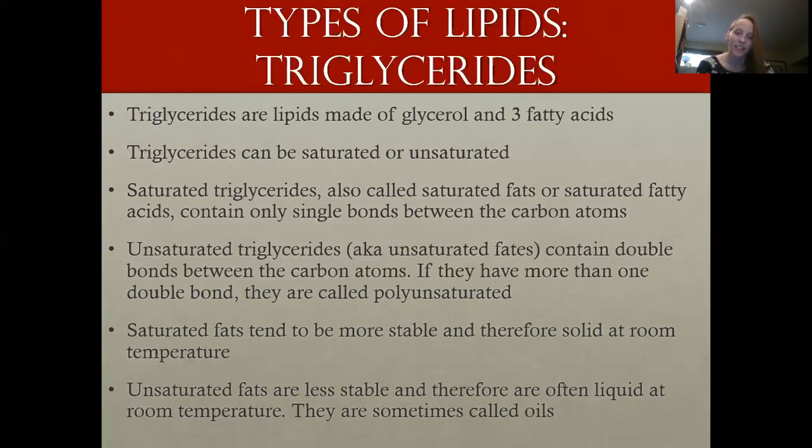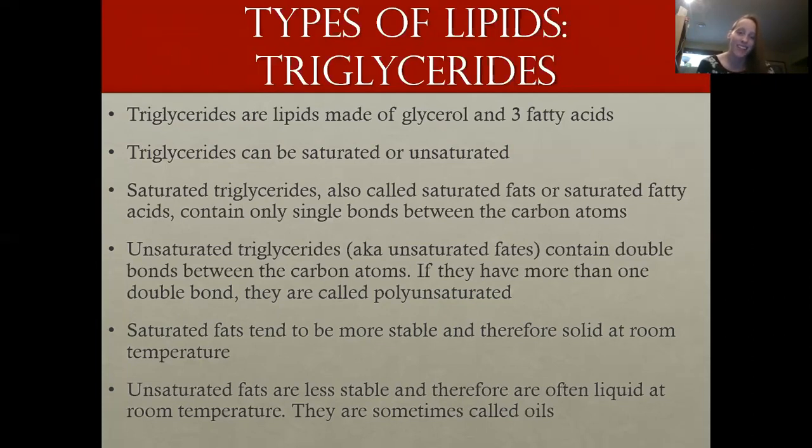If your triglyceride is unsaturated, so it's an unsaturated fat, then it would contain double bonds somewhere in the molecule. It doesn't have to have all double bonds. If there's even just a single double bond between the carbons of the triglyceride, it is then unsaturated.